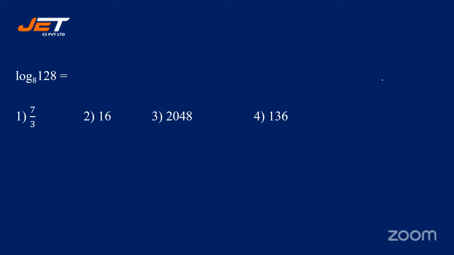Log 128 base 8. Right? So just take the factors of 128, 2 6s are 12, 2 4s are 8. 2 3s are, 2 2s are, 2 1s are, 2 8s are, 2 4s are, 2 2s are, 2 1s are. So it is 1, 2, 3, 4, 5, 6, 7. In other words, 2 2s are 4, 4 2s are 8.